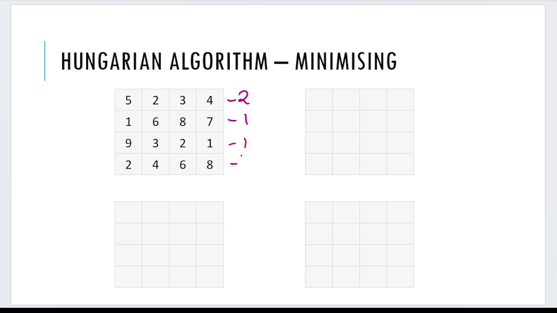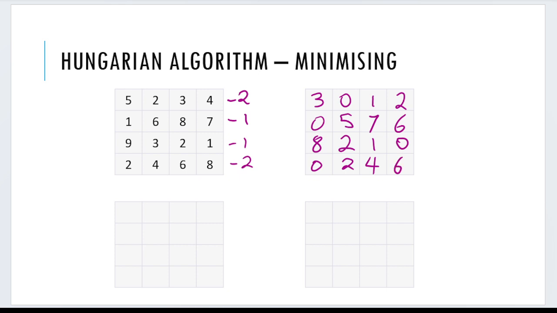Third is also 1. And fourth is 2. So now we have 5 take 2, 2 take 2, etc. Eight, 2, 1, 0, 0, 2, 4, 6. So that is our first step.